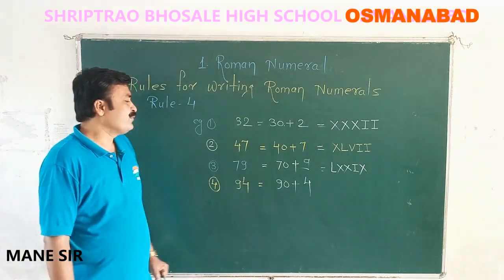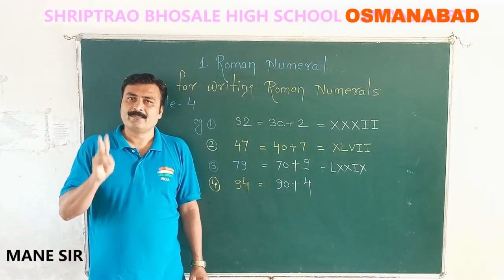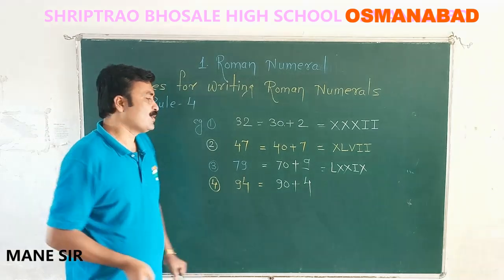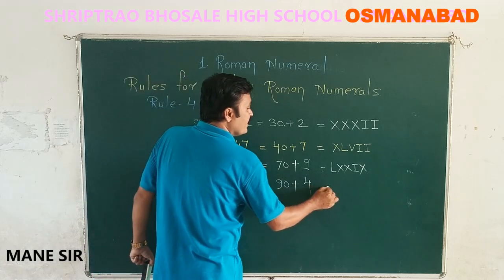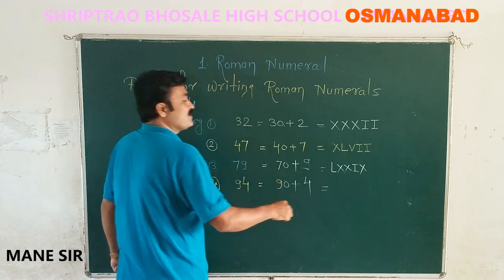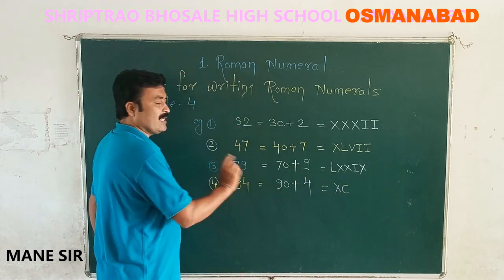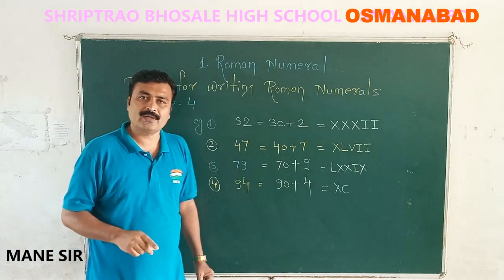Now, if we think about 90, the number 90 we form by using rule number 2, 100 minus 10. So, while writing 100 minus 10 into Roman sign, we write X before C. That means XC. We get 90 there. Thereafter, we want to write number 4 into Roman sign.